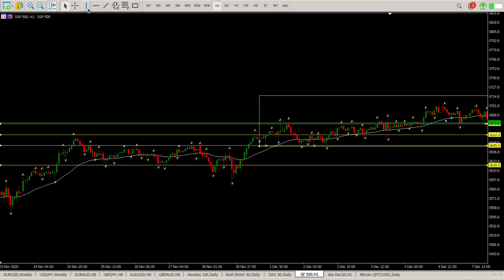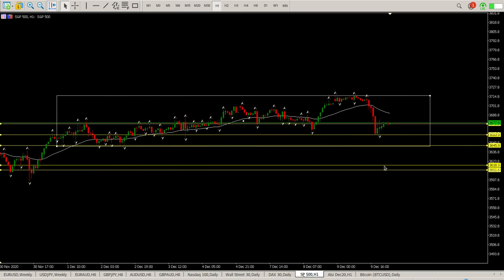There's a couple. Let's put both of them in, so you can see what I'm doing, just picking up on the fractals. There they are. That would bring us all the way back down to 3618, and probably round that off to 3600. I think 3600 would be the interesting one.